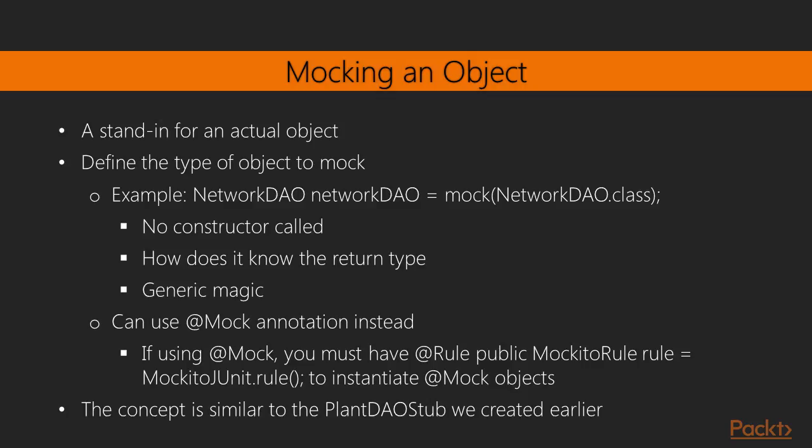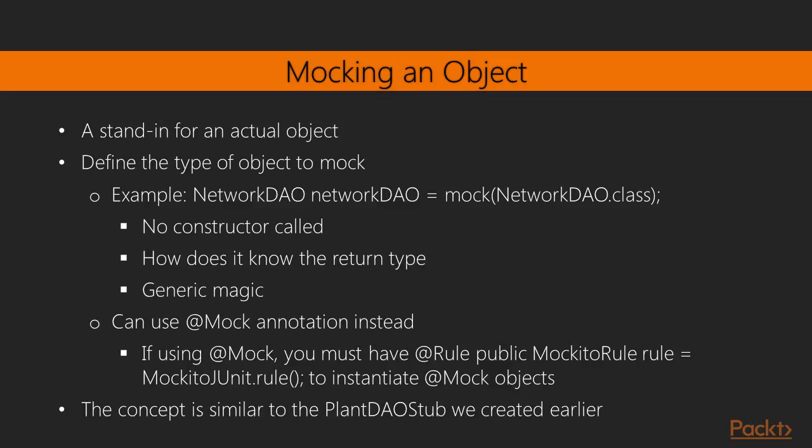in our previous slide. Now here's where it gets really interesting. A static method provided to us by the Mockito jar. Take a look at what it's returning on this line. What it's returning is what's to the left of the equal sign. It's returning a network DAO. Now wait a minute. How can it know what a network DAO is when that's a class that I have written, not Mockito? Well, that's the magic of generics.